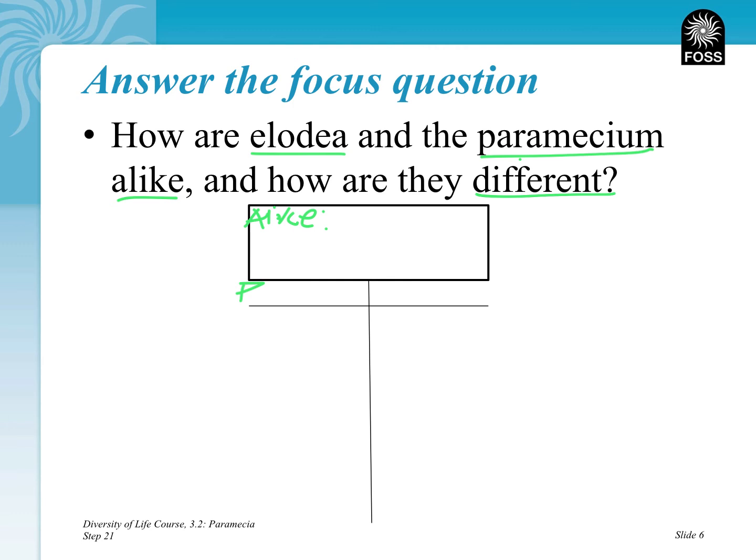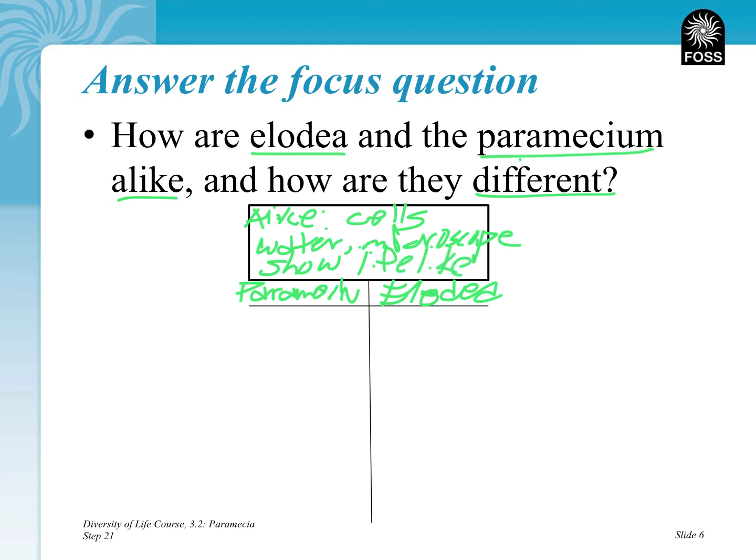We could have the paramecium on one side and the Elodea on the other, about how they're different. How they're alike, they obviously have cells, they like water, or they need water and have water. They're very small, you need a microscope. And they do show characteristics, show life-like.